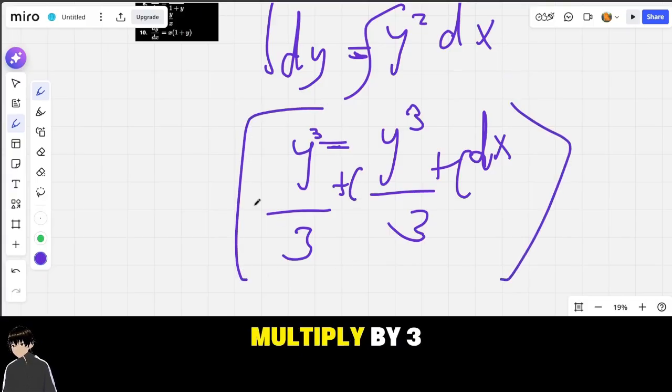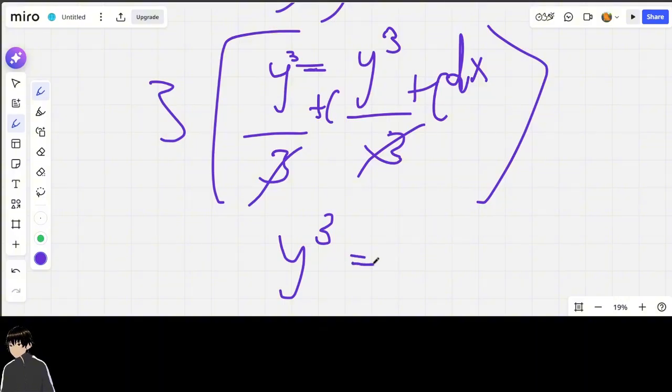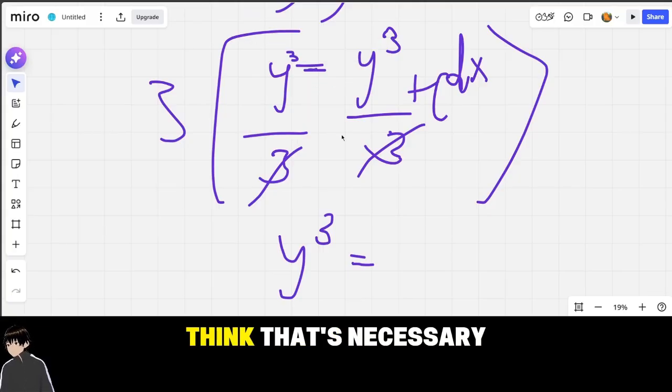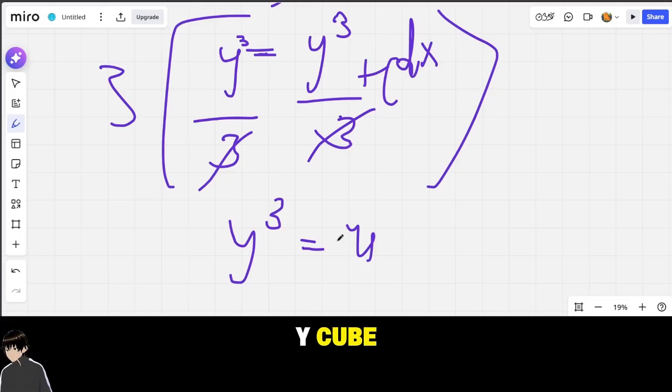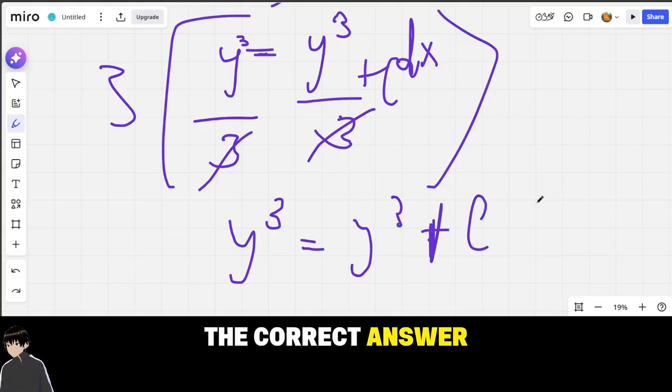You multiply by 3, so this is going to be y cubed. You can remove the constant here because I don't think that's necessary. So you have y cubed over 3 plus c dx. I think that's the correct answer.